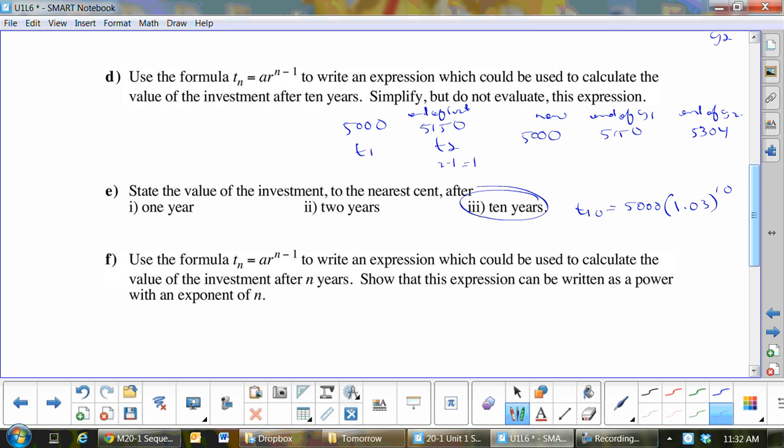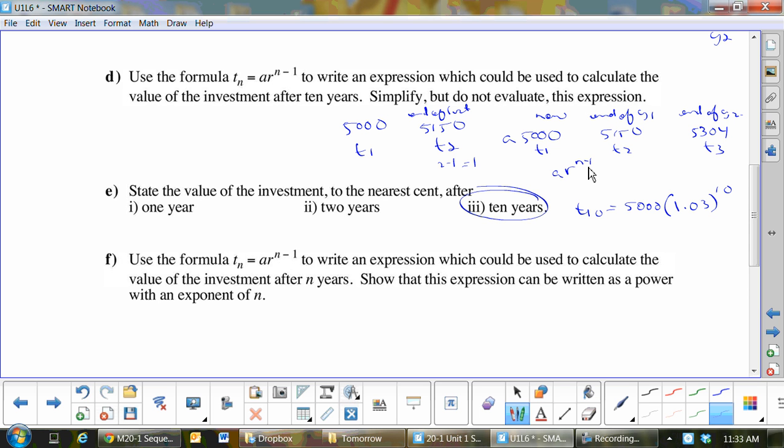Now, if we call this T1, T2, T3, and we called this A, we would still be using A times R to the n minus 1. So, at the end of year 1, to find that out, we would put a 2 in here, right?